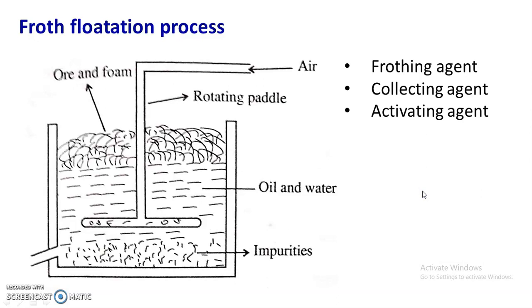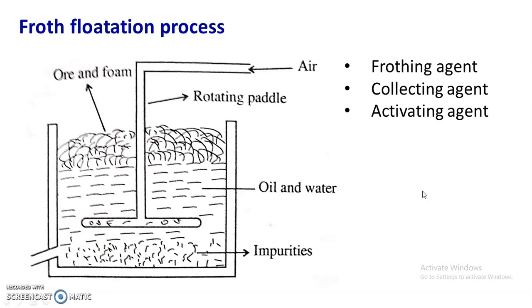Now the next chemical added is the activating agent. The activating agent makes the mineral or ore get wetted easily with the help of the collecting agent. So the activating agent plays a role comparable to that of a promoter used during catalysis.